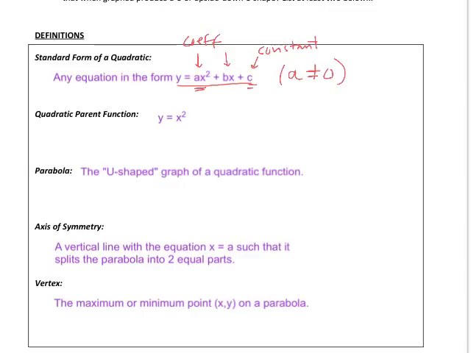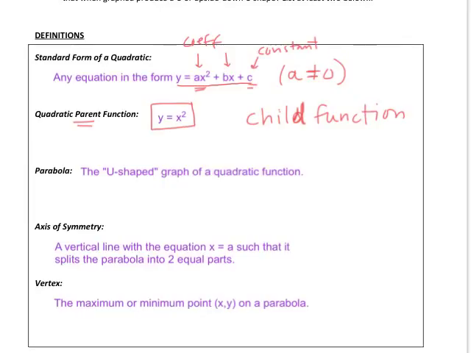Now we're going to go ahead and stick with, for this video, just the parent function and then comparing some graphs to the parent function. So y equals x squared is called a parent function. All of the other functions that we graph today in this video are going to be called child functions. So they're kind of branches off of the parent function. They're slightly different from the parent function.